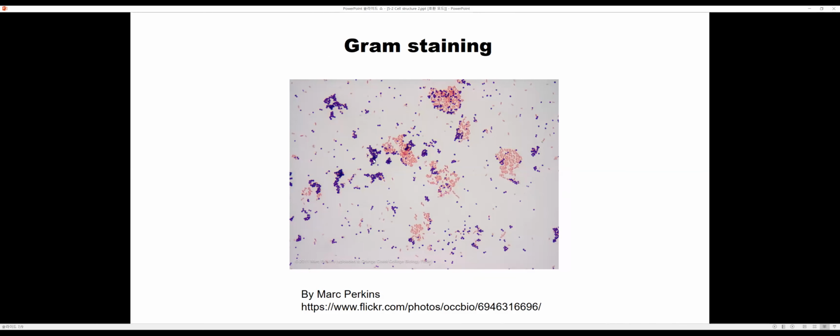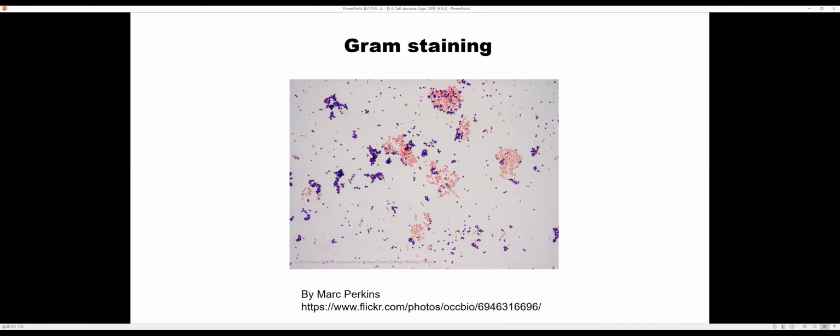You can see a very strong blue color and a weak pinky color. The pinky color is kind of a counterstaining, a background staining, and the blue color is the real staining. The pinky one he called gram-negative bacteria, and the strong color is gram-positive bacteria.